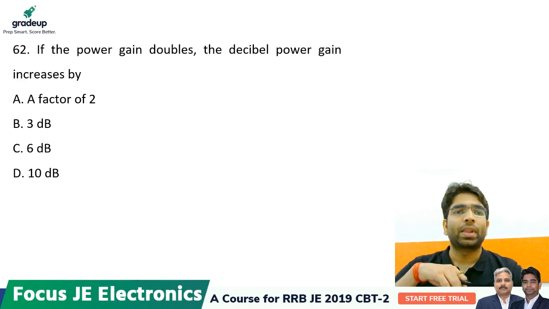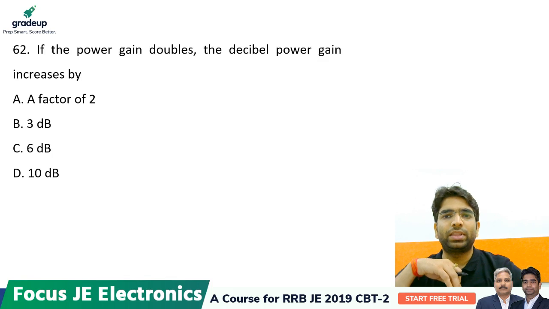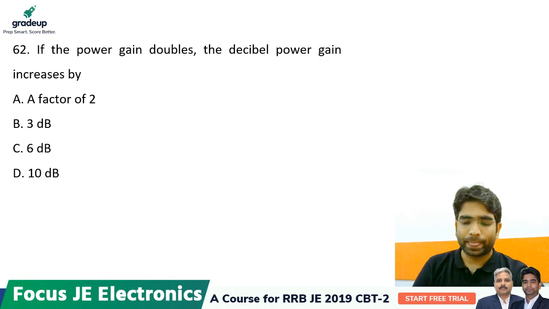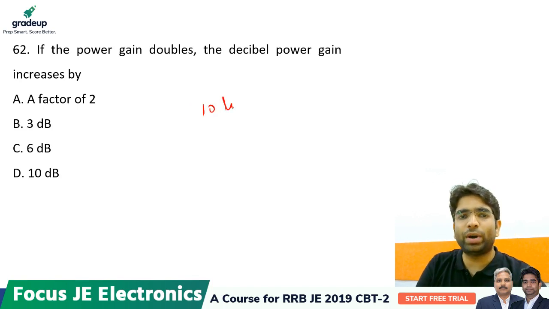If the power gain doubles, the decibel power gain is increased by, my dear friends, if it is talking about power, take the ratio as 10 log P2 by P1.